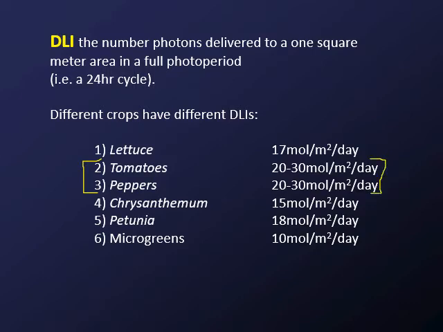And interestingly, microgreens and a lot of greens fall into this category of only 10 moles per square meter per day. This is one of the reasons why when you see all these articles on indoor growing facilities, they're growing microgreens or leafy greens, things that are low light requiring, because to ratchet up the light intensity to what it takes to grow something like a tomato or a pepper in an indoor facility costs a lot of money.